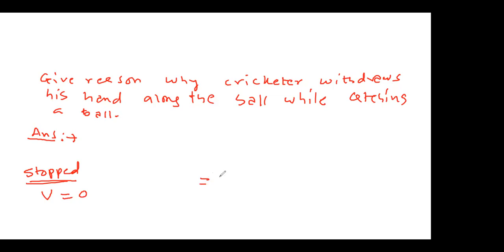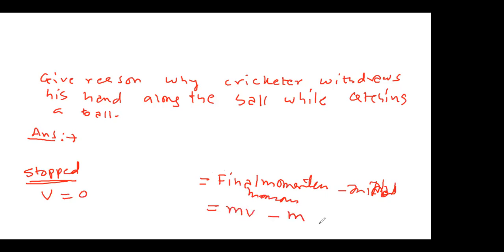That means the final momentum minus the initial momentum will be equal to (m into v minus m into u) upon t. This is called force. This becomes 0. So only the change in momentum is minus mu upon t.